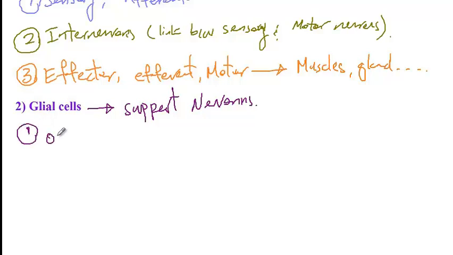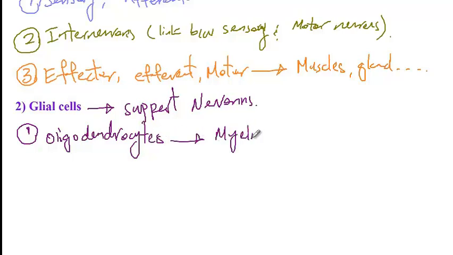Number one is oligodendrocytes, which will myelinate the central nervous system, like the brain and the spinal cord.